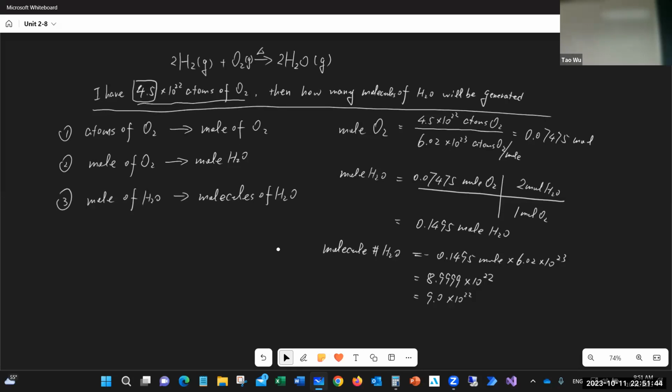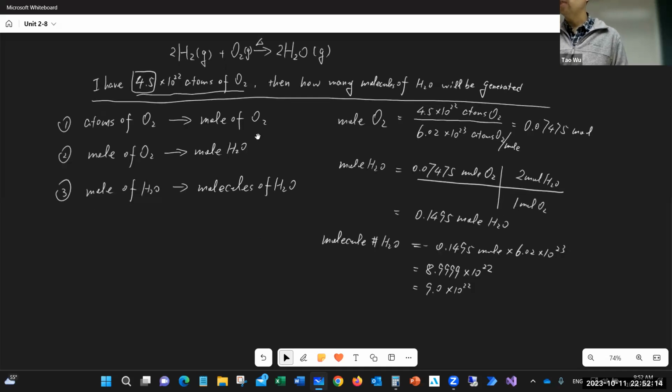Limiting reagent questions always tell you the numbers for both reactants, but for normal stoichiometry, they only tell you one of them. So that is the major difference between limiting reagent and normal stoichiometry questions.